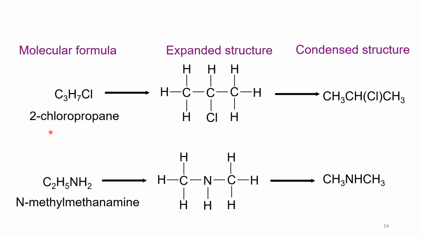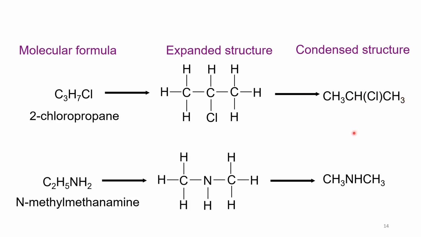Okay, next is 2-chloropropane from the expanded structure. Look at the second carbon, there is one chlorine atom, so we need to put brackets. Alright, so the first carbon is CH3, the second carbon is CH, okay, and put the bracket with chlorine, and then CH3.